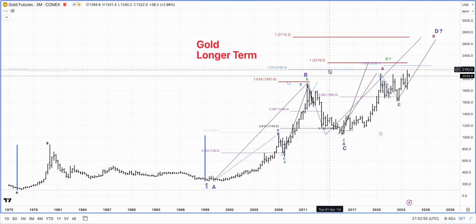On the daily chart, I'll show you in a little while, that's where this market has currently found some resistance and is pulling back from, and that is this purple BC swing that we see. If we expand it by the 1.27 Fibonacci ratio, we get this level.